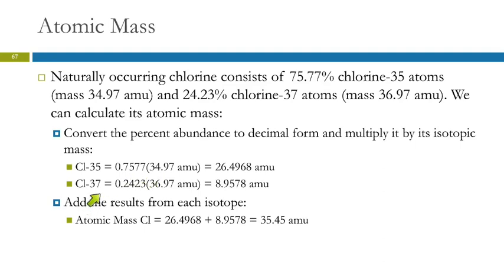And you take the other chlorine isotope, its percent abundance was 24.23, you convert that to a decimal, multiply by the atomic mass, and then you take those results, and you add them together. Okay? So the average mass for chlorine is 35.45 atomic mass units, even though none of them are actually that mass. This is on the worksheet we're doing today.